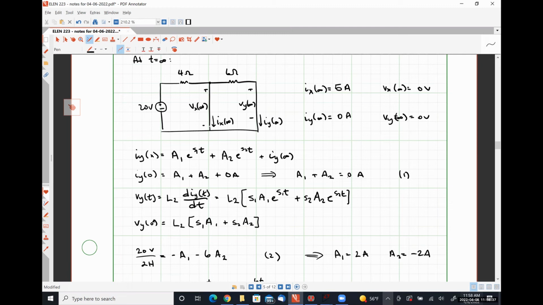So I wanted to ask, whenever we have a parallel RLC circuit with a dependent source left in during the transient condition, as well as an independent source, for example question 5 on homework 8, we have the dependent source and the independent source on each side of a node.